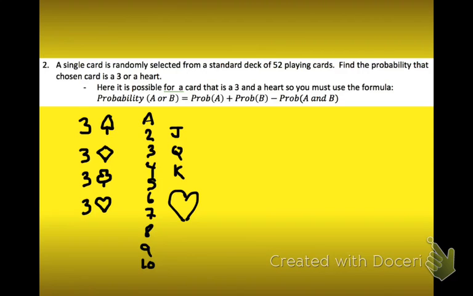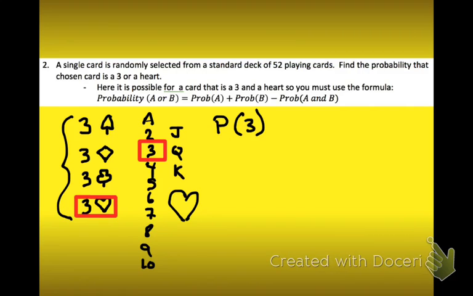Now, the reason that we have to be careful here is because we have the 3 of hearts listed here, and we also have the 3 of hearts listed here, so it repeats. So we're going to find the probability that we get a 3, as we just found over here, that there are 4 options, so that's 4 out of 52.